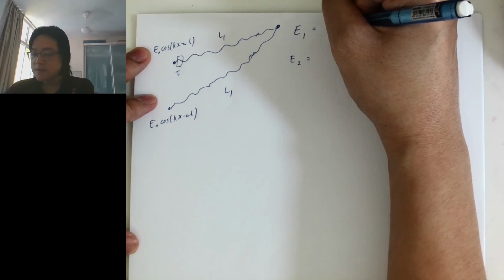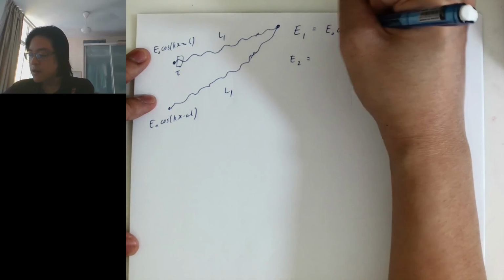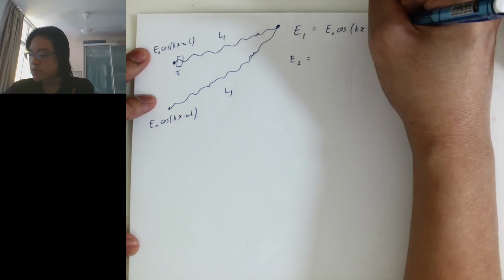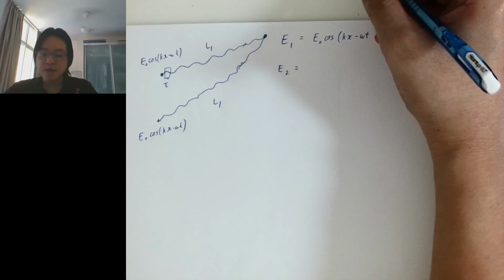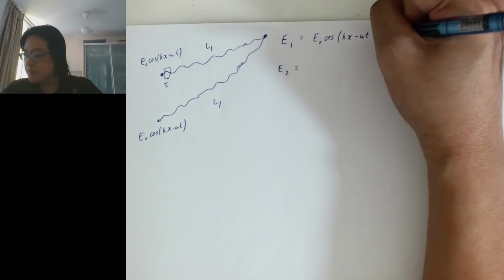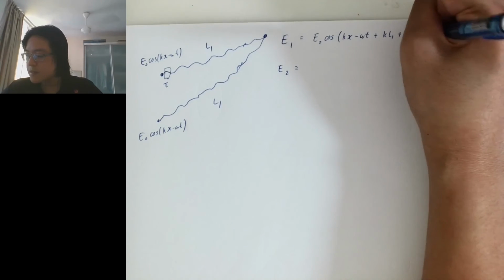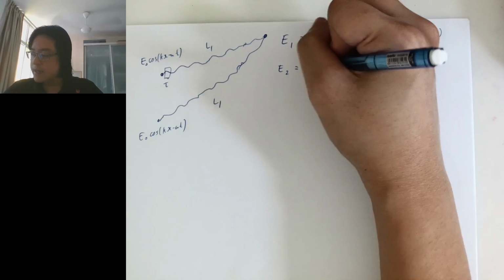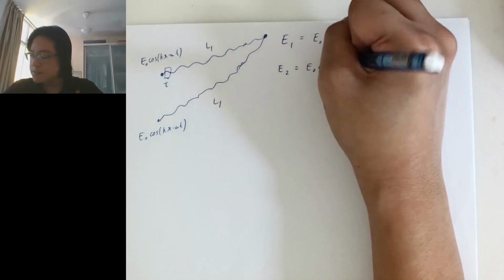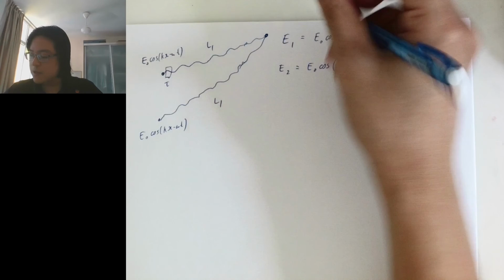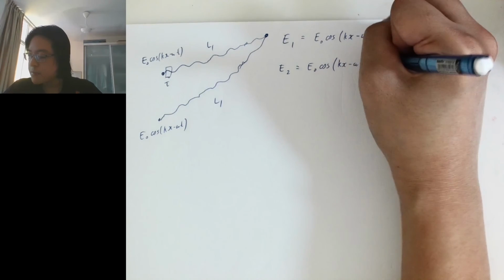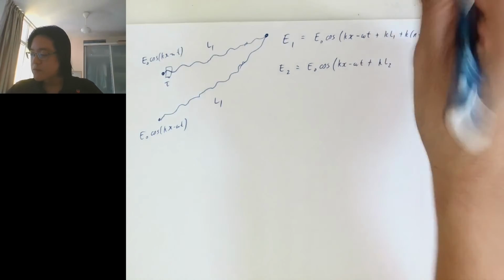So the phase is kL1 plus k(n minus 1) tau, and for the second one there is nothing, so omega t plus kL2, and then nothing.